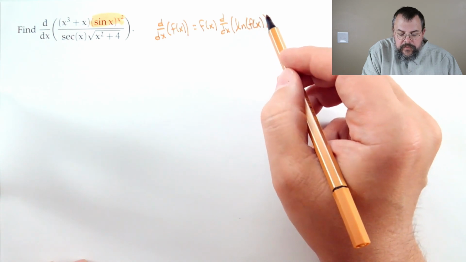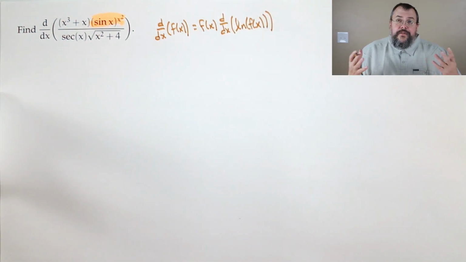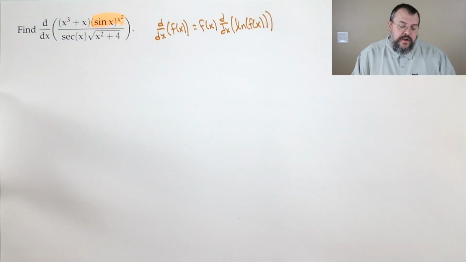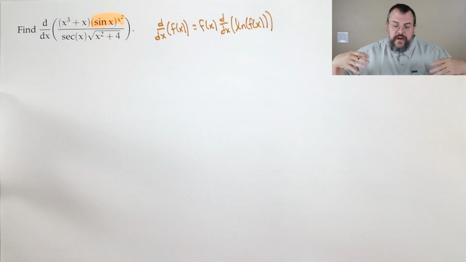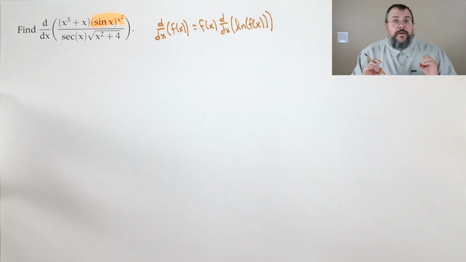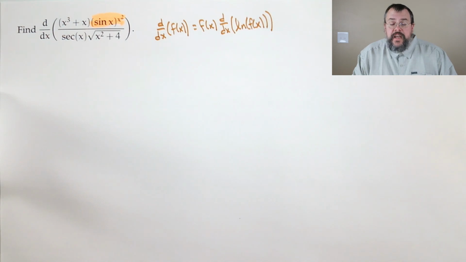Now, I will say there are other ways to do logarithmic differentiation that use sort of the notion of implicit functions. You set y equal to your function, you take the log of both sides, and you do various things. I prefer this method because it's more versatile, and you don't have to sort of come up with this extra layer of complication. It just can be built right into what you're doing.